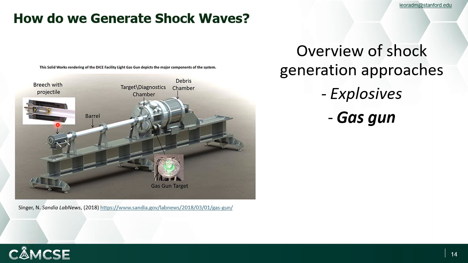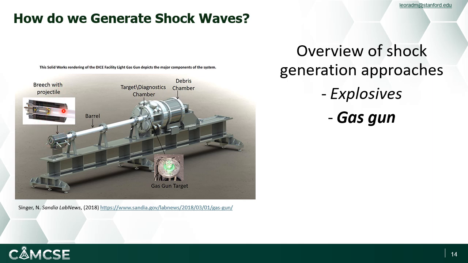So gas guns are some of the very commonly used versions of shock generation. In these cases, we have a metallic piston or projectile that's present in the beginning of our gun. It's held in place by a membrane.